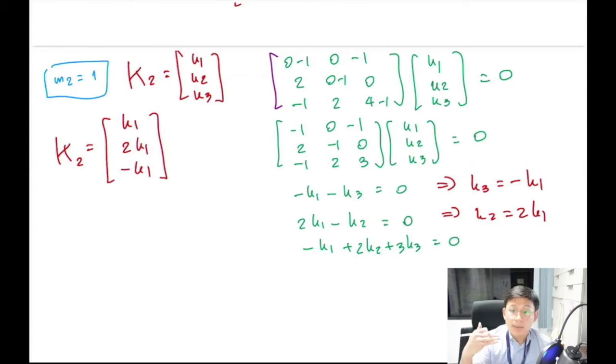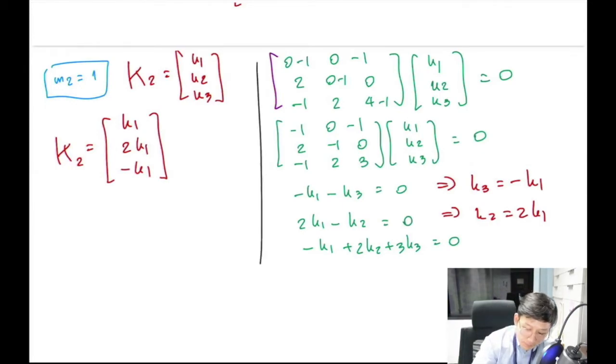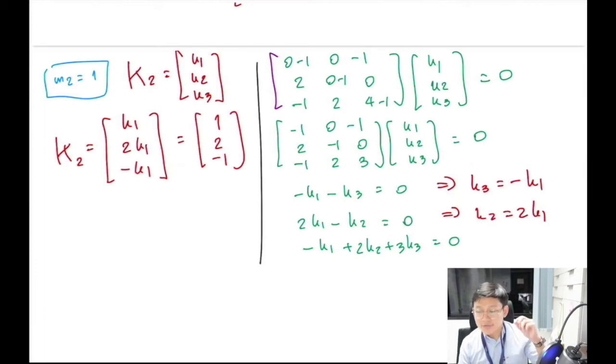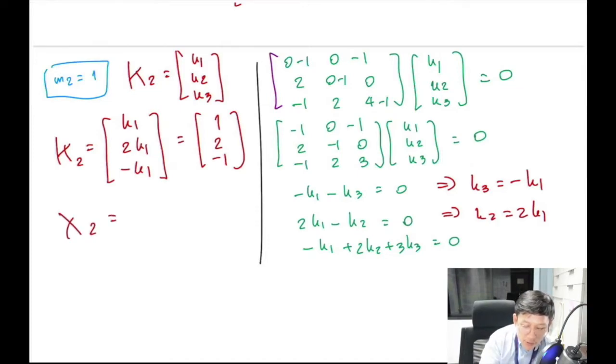After that, I substitute k1 with 1, of course. So what I have would be 1, 2, minus 1.